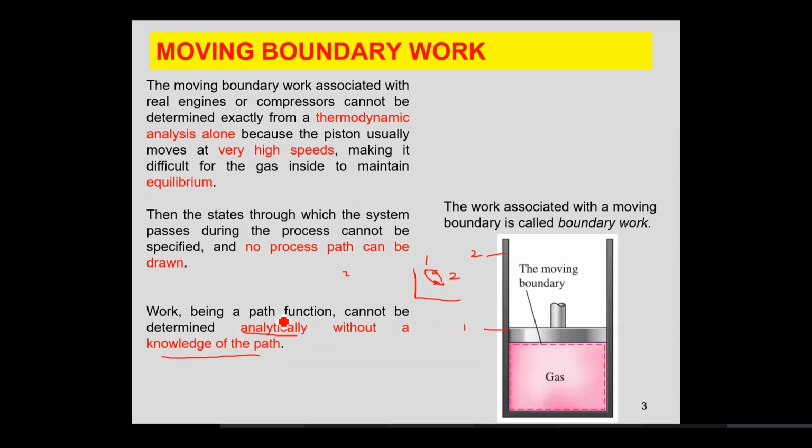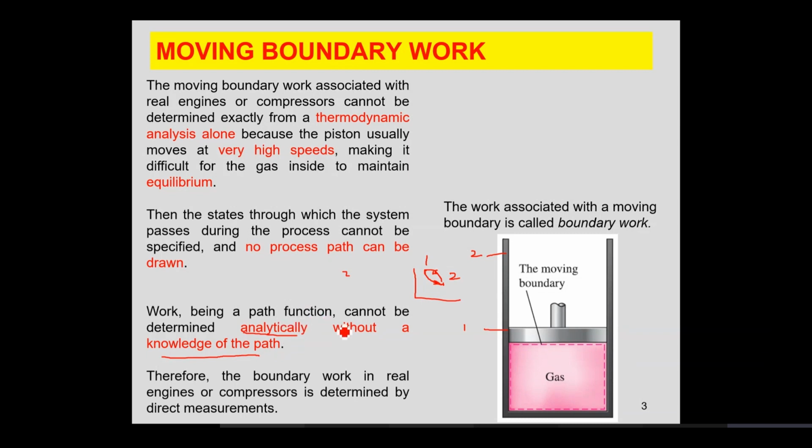Therefore, for real engines, the boundary work is normally determined by direct experimental measurements. You cannot determine the work by thermodynamic relationships. However, a quasi-equilibrium process is a process in which your system is in equilibrium at all times, or is nearly at equilibrium at all times. That means the pressure within the system is uniform throughout, and there is no pressure gradient within the system.